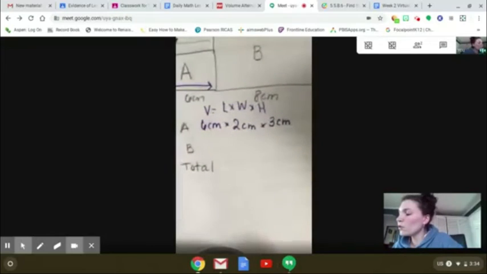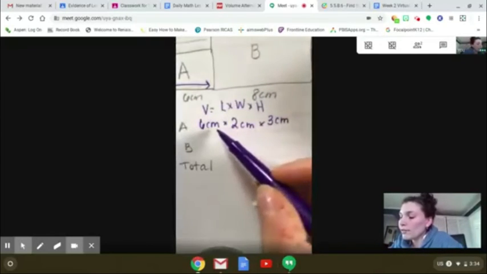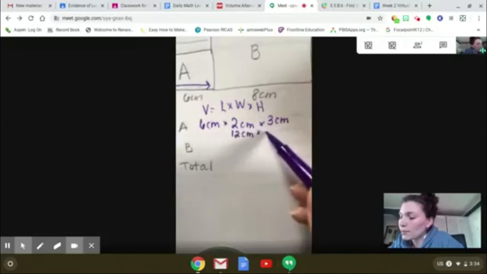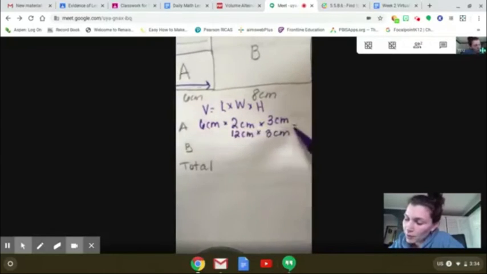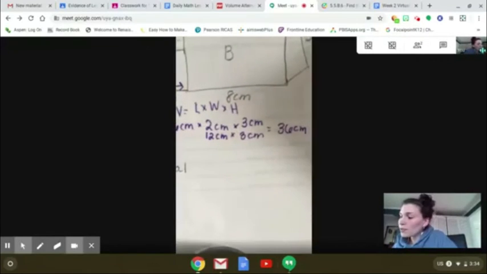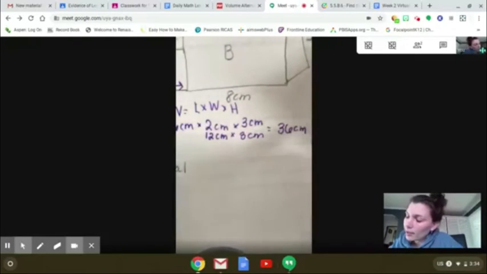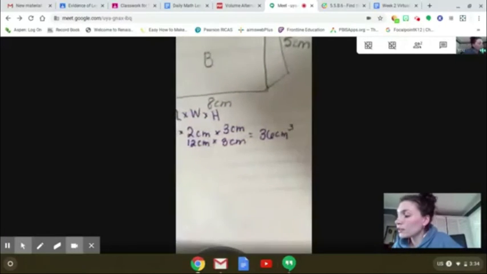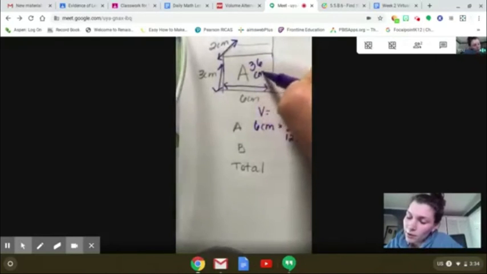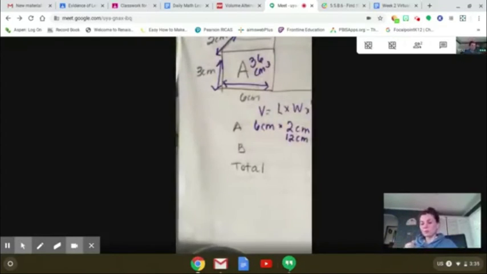I'm going to move it over so we can all see. 6 times 2 is 12, so that would be 12 centimeters times 3 centimeters, which equals 36. So our volume of prism A is 36 centimeters cubed, or 36 cubic centimeters. To remind myself, I'm going to put 36 centimeters cubed in the middle of that one.